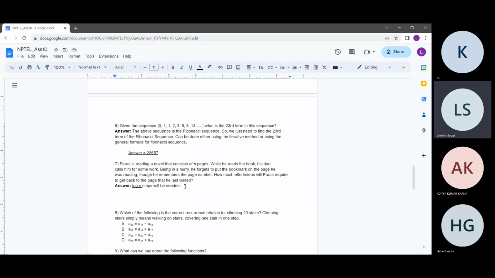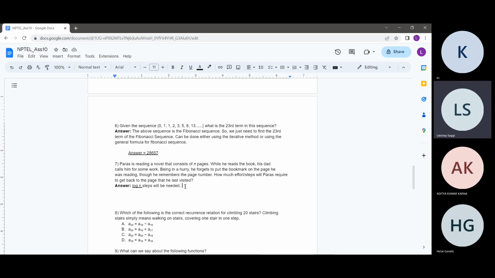What Paras can do to go to the correct page number is take his book, and suppose he wants to go to some page number, he'll just open the middle page of the book. You can approximately open the middle page in a book, right? It's not too difficult, and the exact middle is not needed.